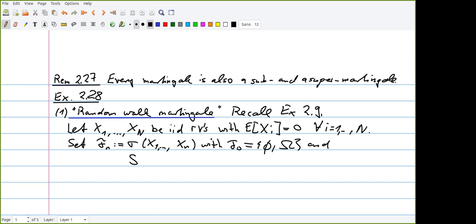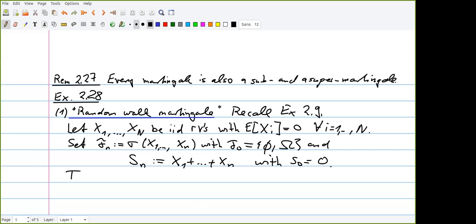And then the random walk was given by Sn, which is just the sum of these random variables X1 to Xn. And we start with 0.